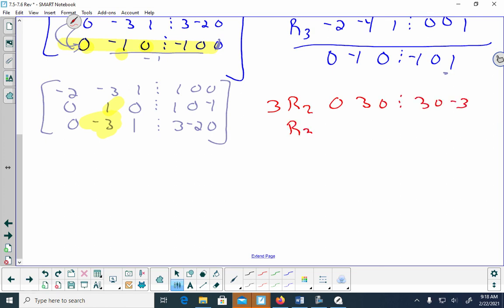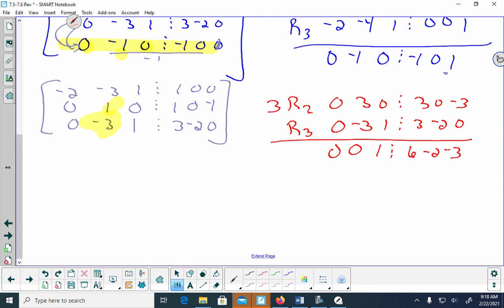And then row 3 is going to be 0, negative 3, 1, 3, negative 2, 0. So when I add, I'm going to get 0, 0, 1, 6, negative 2, negative 3. So I have 0, 0, 1, 6, negative 2, negative 3, then 0, 1, 0.